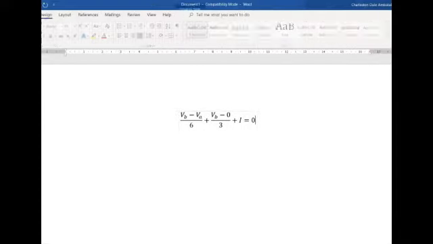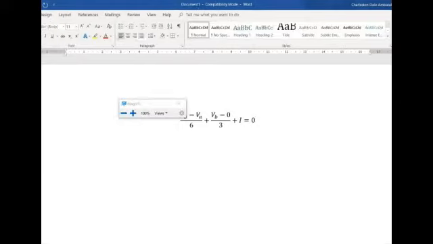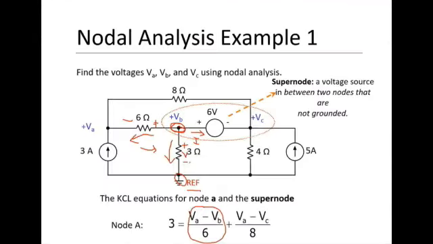Okay. So now we are going to look at the node here at C. Assume again that the currents are flowing out this way for resistors at least. So there's current flowing out here and current flowing out here. For this resistor, the potential difference on the resistor here is Vc minus 0 divided by 4.